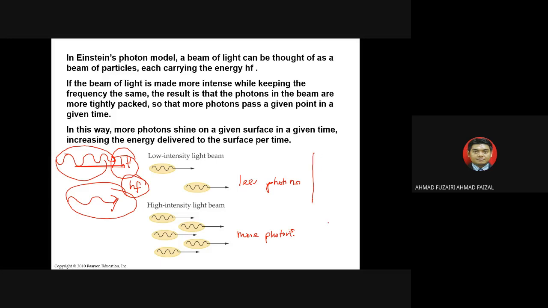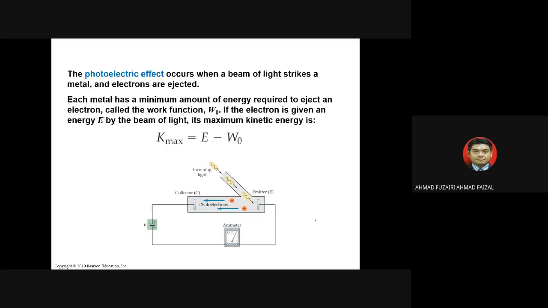If you can catch the photons, this is like 2 photons and this is like 5 photons. So 5 is bigger than 2, and we can say that 5 photons have a higher intensity light beam compared to 2 photons.